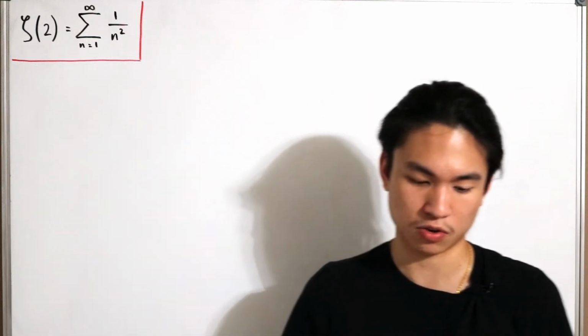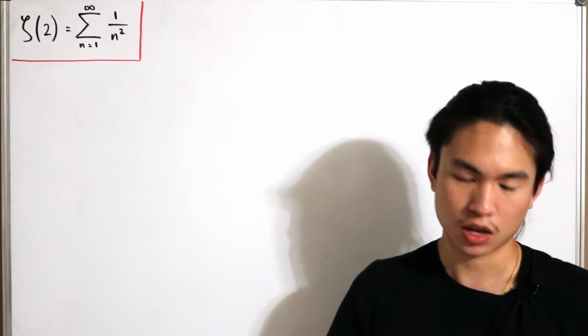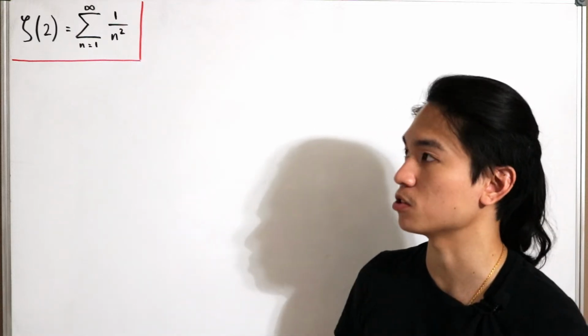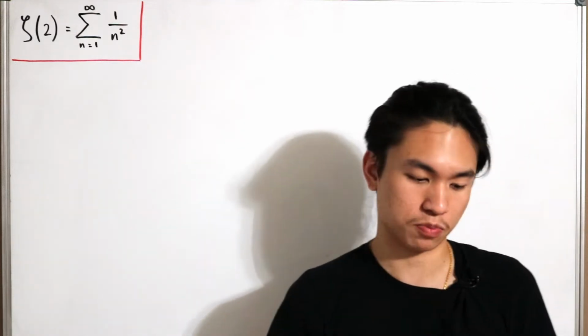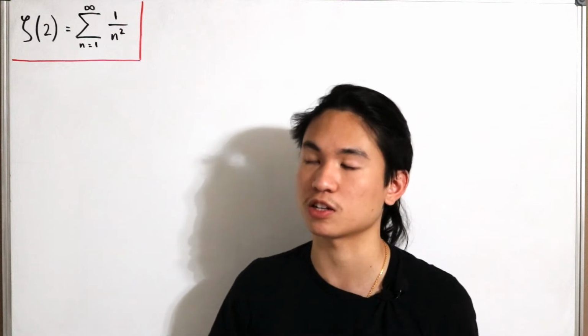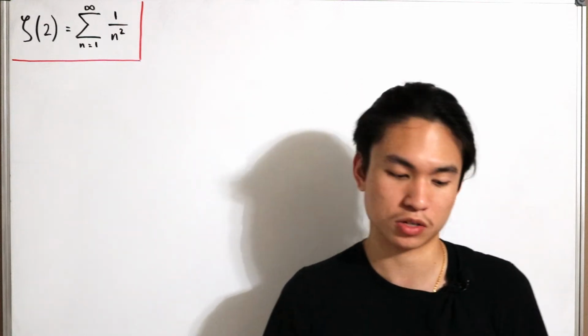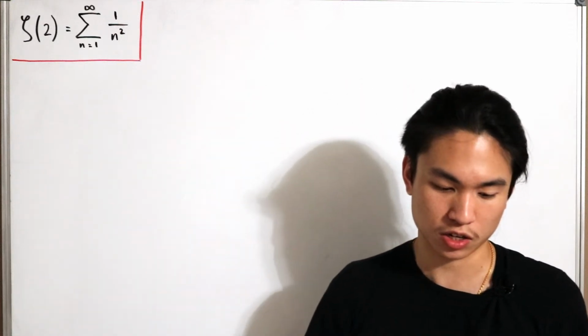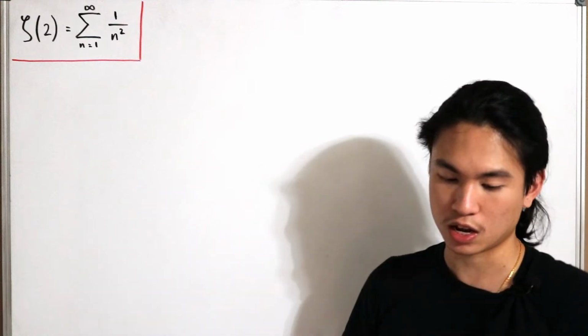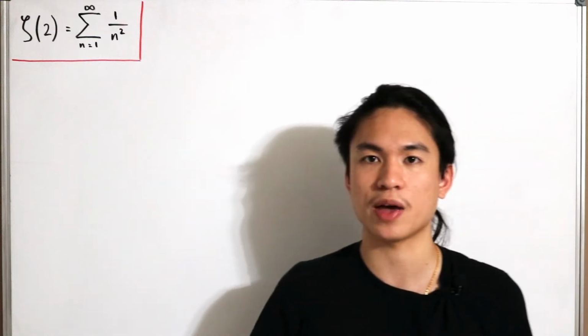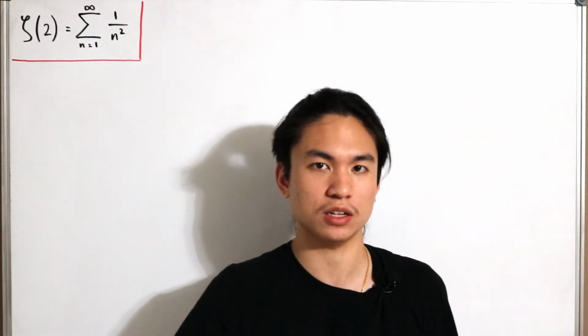Another interesting thing is that the Riemann zeta function of 2 can be expressed in terms of the Bernoulli numbers, and there are a couple of ways to prove this. I'm not going to go over them, I'll just name them, and if you want to read more, I'll leave the Wikipedia page in the description below.